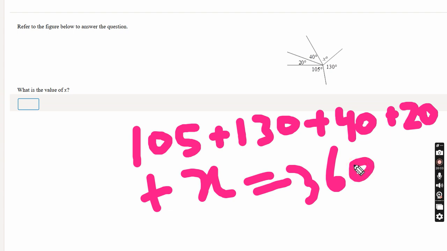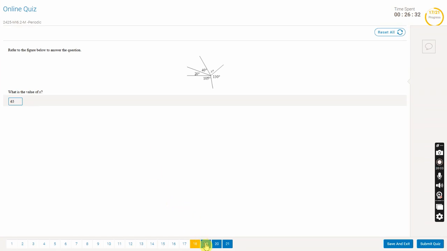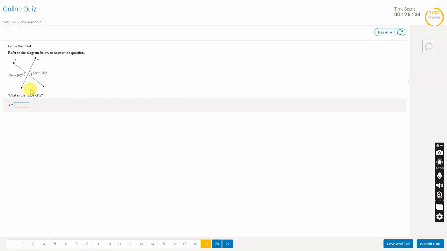Now add all of them. 105 plus 130 plus 40 plus 20 is 295. 360 minus 295, what do you get? 65. So exactly, you get 65 as the answer. So you'll write x equals 65. Again, the method is the same. If I'm doing anything incorrect, it's maybe in the calculation, like the subtraction or the addition. So be careful about that.